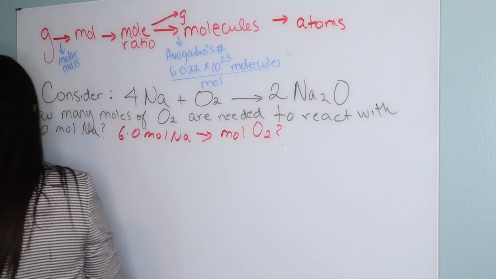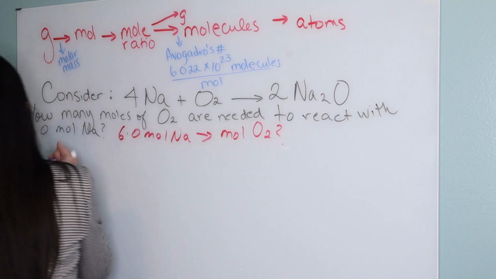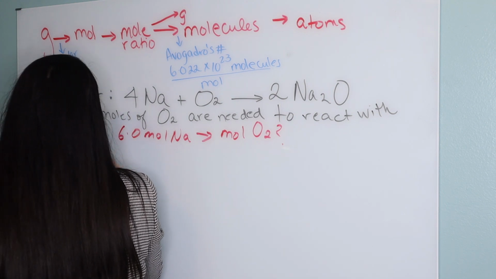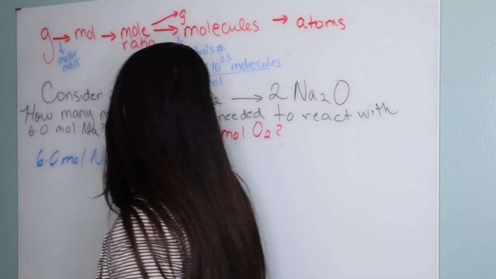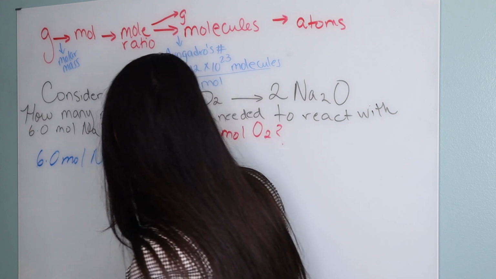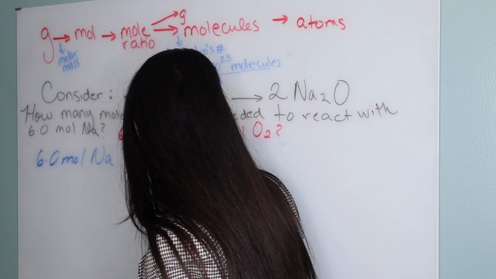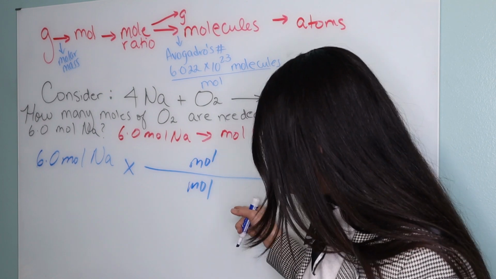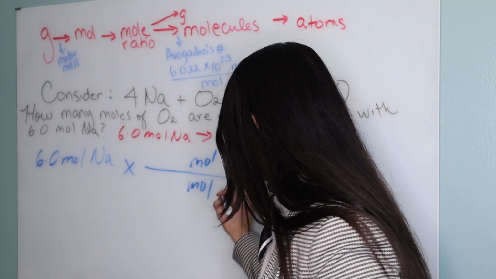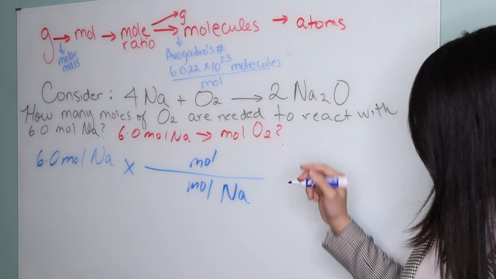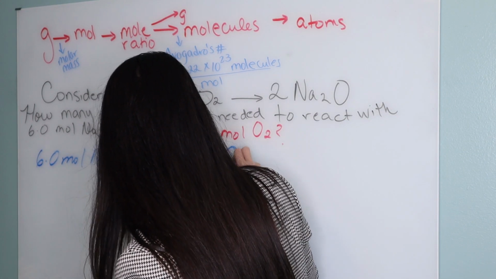So we're starting out with 6.0 moles of sodium, and I said we're going to be using the mole ratio, so moles and moles. What I want to get rid of is going to go at the bottom of the fraction, so I want to get rid of the moles of sodium. That's going to go down here, and I want to end up with the moles of dioxygen. So that goes on the top.